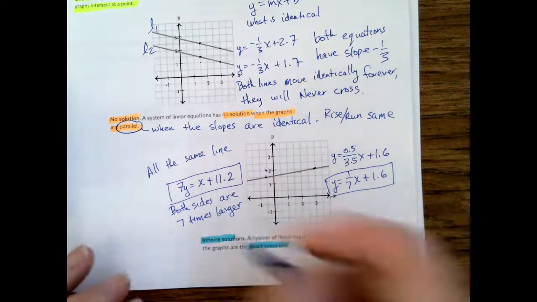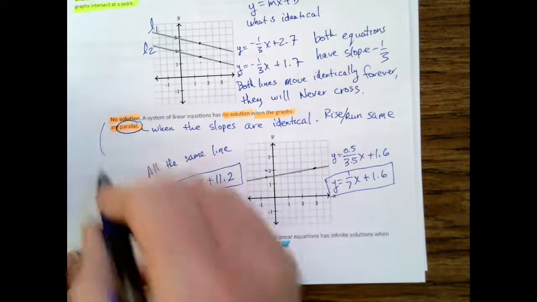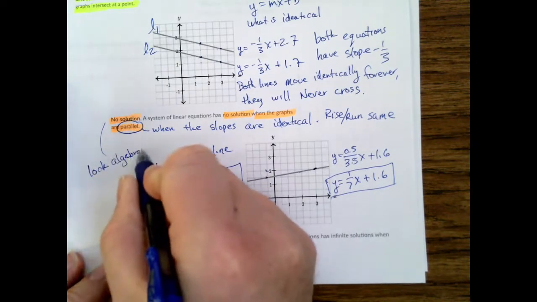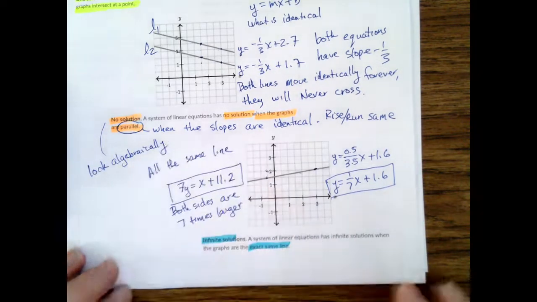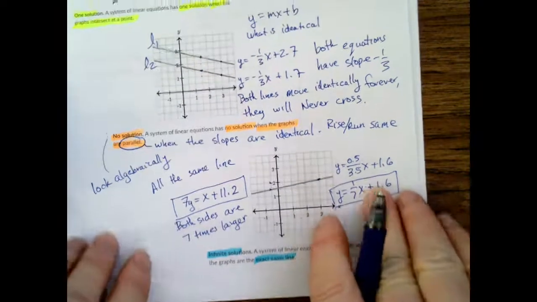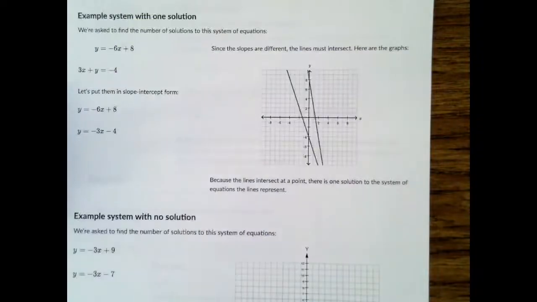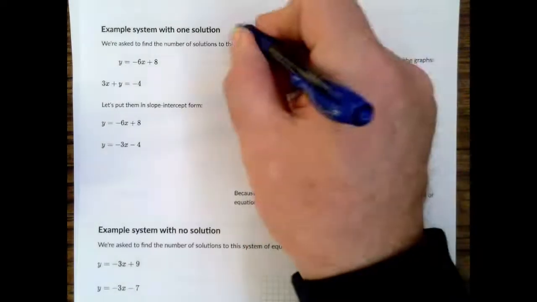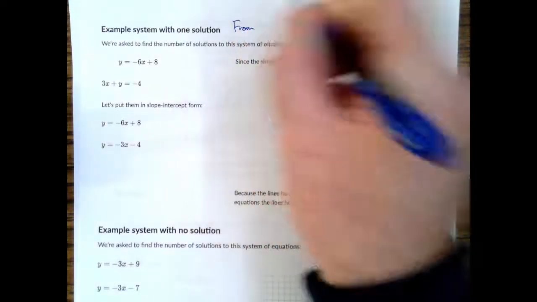So typically you have to look algebraically, and we'll see what that looks like. We'll go relatively quickly. These examples are all from Khan Academy, not from your book.